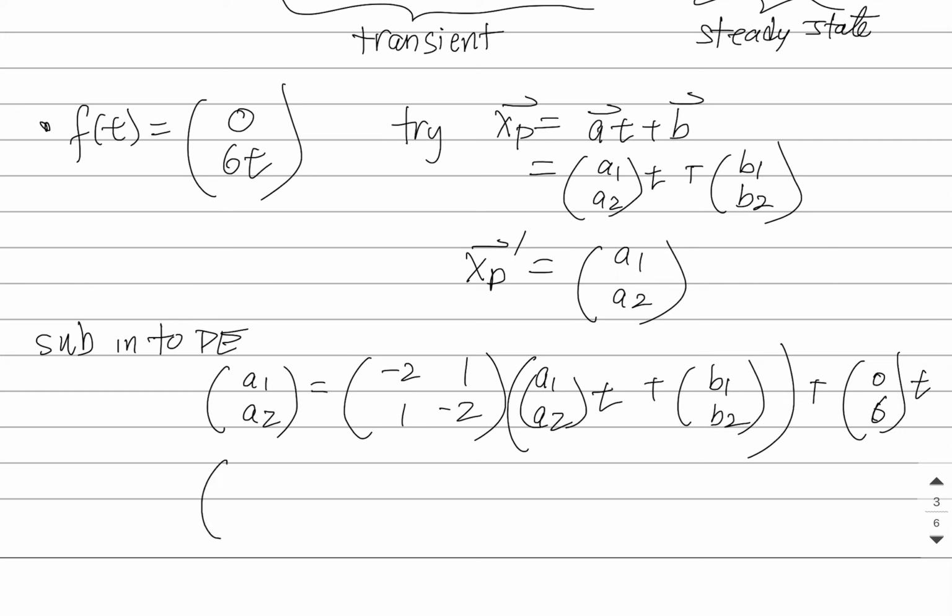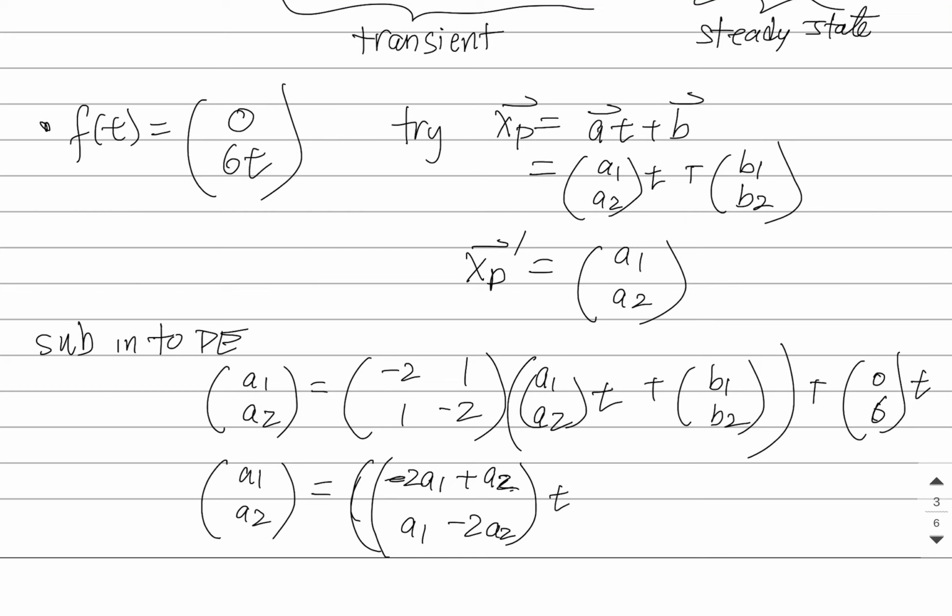So we want to use the definition of the matrix-vector product. We'll get negative 2a1 plus a2, and in that bottom entry, a1 minus 2a2.